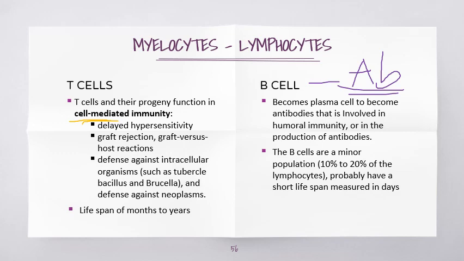I think this will be discussed later on, when you talk about immunity. So B cells will become plasma cells that will produce the antibodies that are involved in the humoral activity, or the production of antibodies.